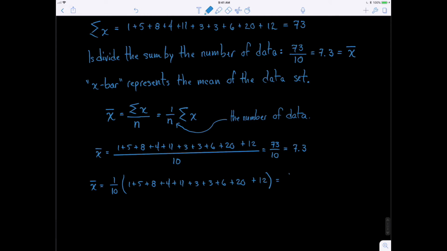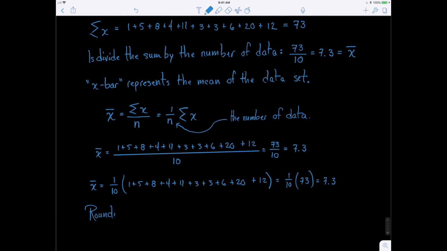And so now we have 1/10 times 73, and again we get the answer of 7.3.